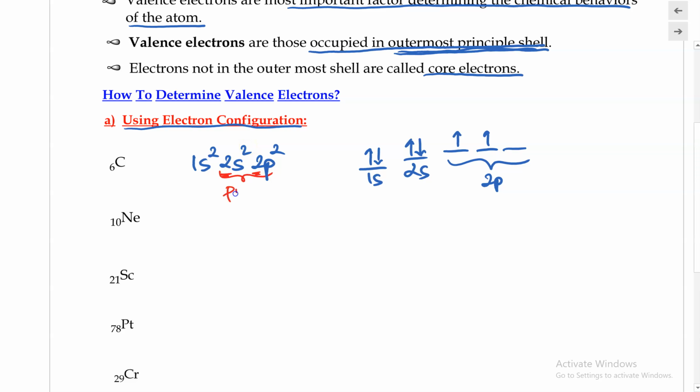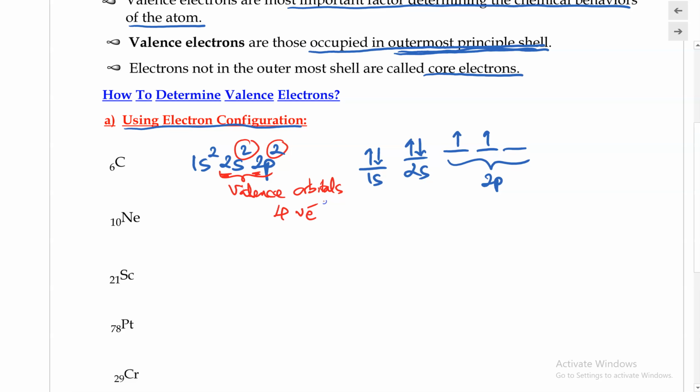These are called the valence orbitals, or the orbitals on the outside that have electrons in them. And when we add all of them together, there are 4 electrons. So carbon is said to have 4 valence electrons.